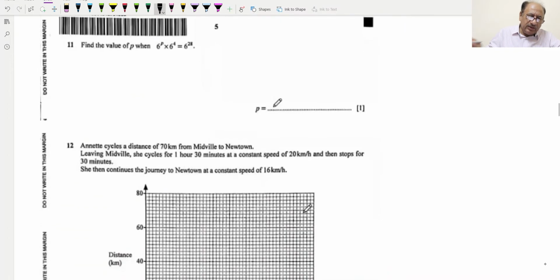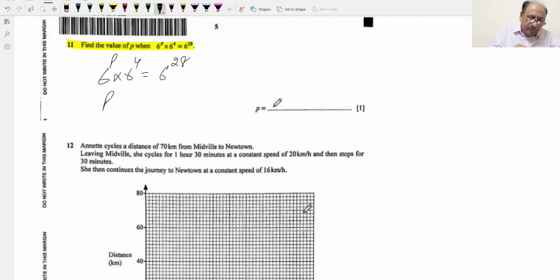Now question number 11, and question 11 is an indices question, and we have to find the value of p. So 6 into 6 raised to p, that is 6^p times 6^4, is equal to 6^28. When bases are same and are being multiplied, their powers will be adding.